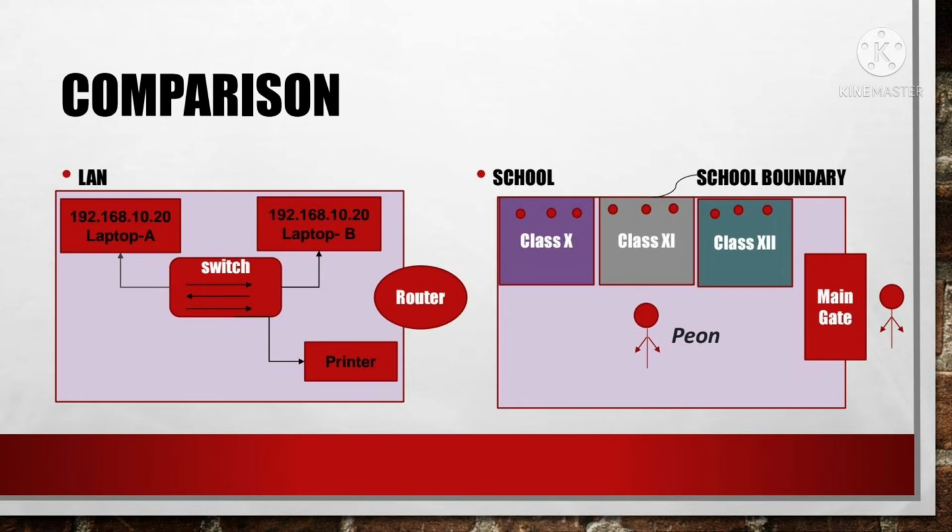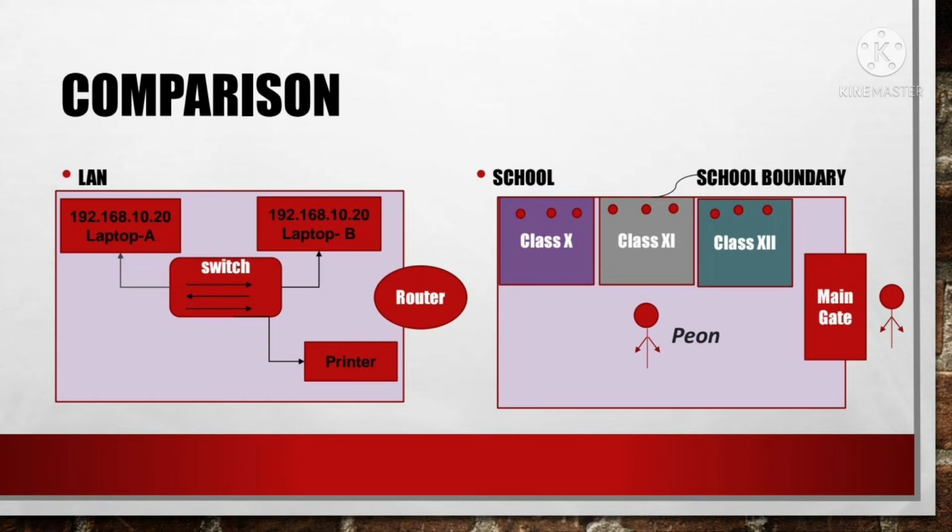Now let's take one more scenario. What if a student of this particular school wants to go and meet a student of the next school? So this student has to go and meet the security guard who is at the main gate and he needs to take permission from him. Only then he'll be able to go and meet someone outside the school boundary.